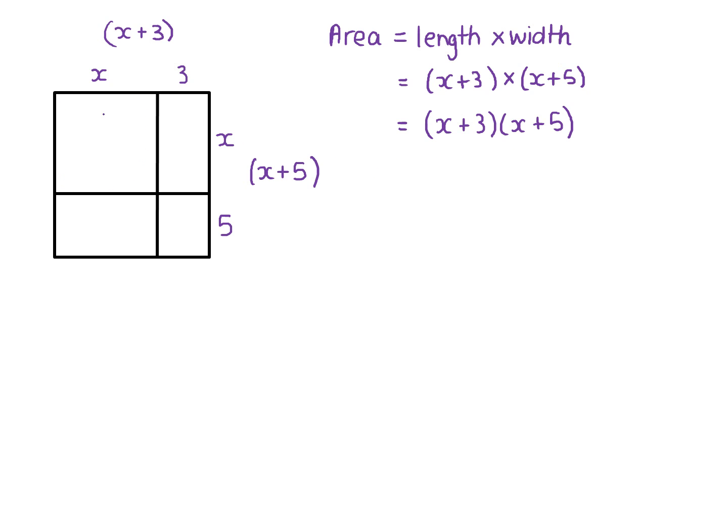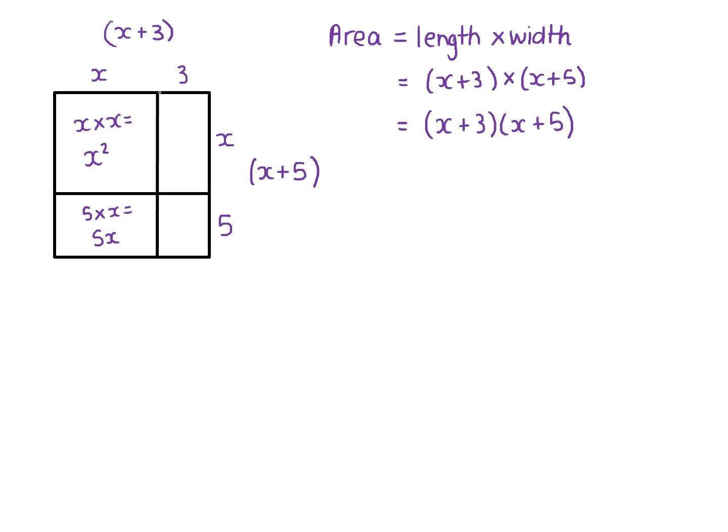So if I've got the square here, it's got length x, width x, so the area of that is going to be x times x, which is x squared. If I look at this shape here, it's got length x, width 5, so the area of that shape is going to be 5 times x, which is 5x.